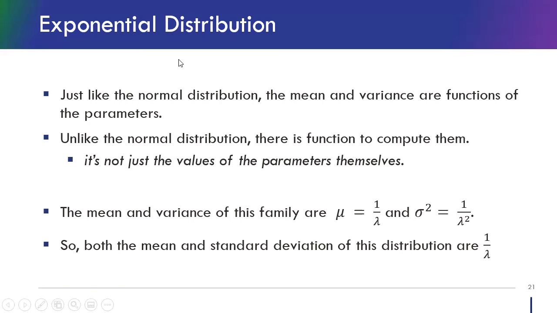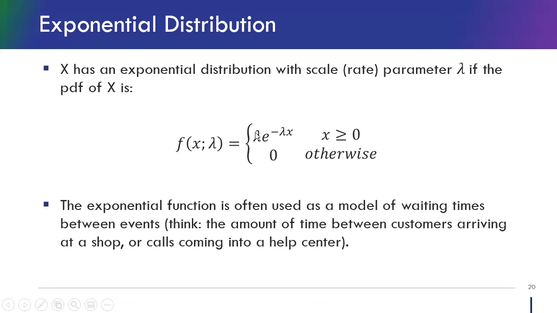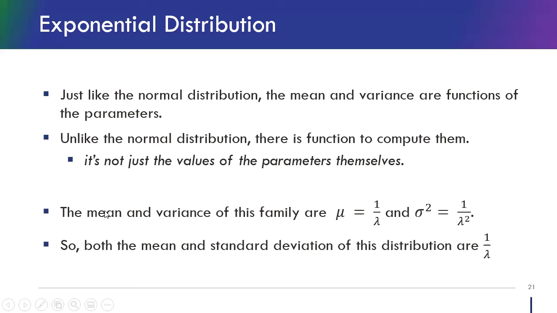For the exponential distribution, it's a bit different from the normal distribution, where the mean and variance are single parameters. Here we only have this lambda involved in the PDF, and we actually know the mean and variance of this exponential family. These are the formulas given to you; people have proved that the mean and variance are just functions of lambda.